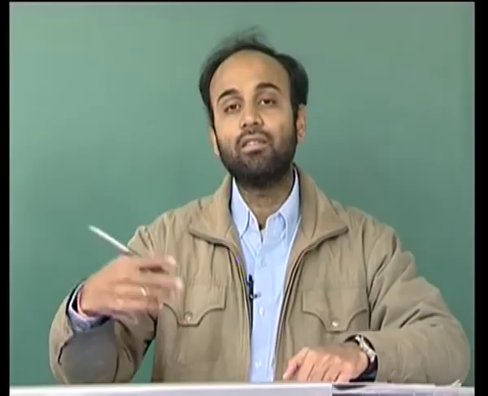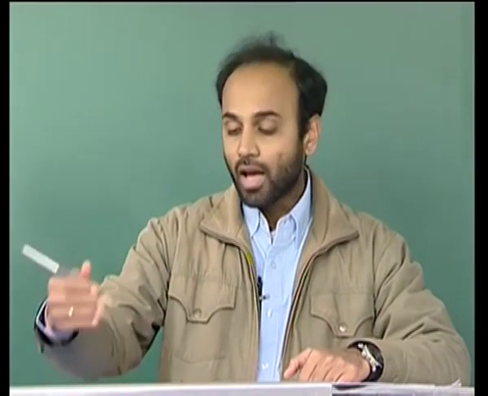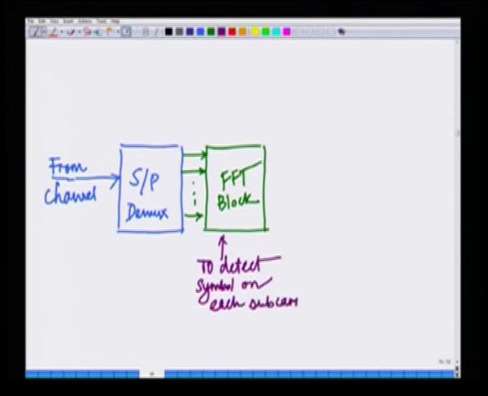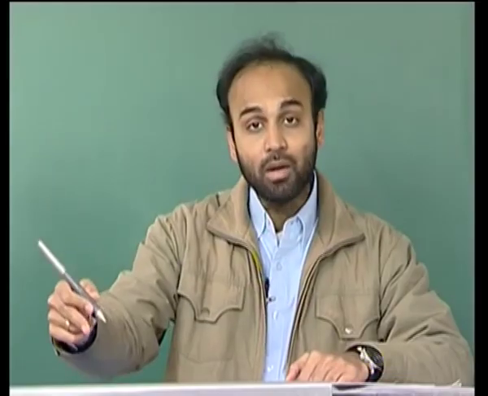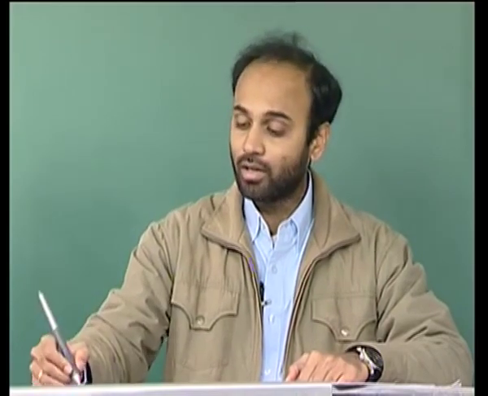This block performs the inverse of the IFFT. Remember, FFT is the inverse of the IFFT, and hence this helps recover or detect symbols at the receiver. This is to detect the symbol on each sub carrier, and remember this replaces the bank of demodulators, that is the coherent demodulation with every sub carrier that we had illustrated earlier.